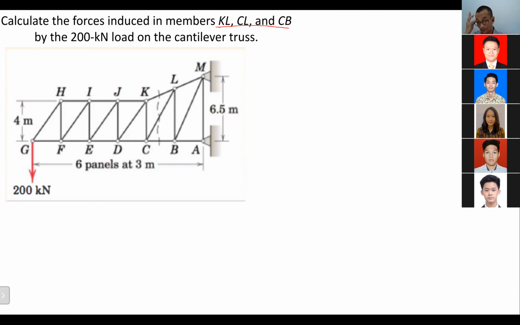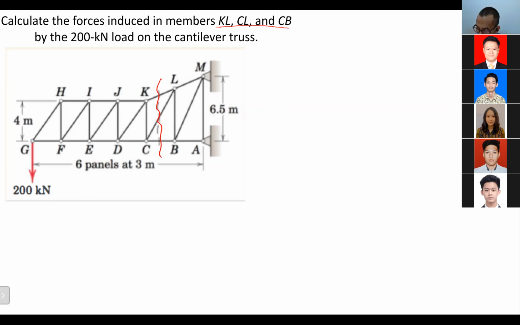Now, if I ask you to cut it here, to make a section there, by doing so, we can solve it with only 3 equations. Let me show you the resulting free-body diagram. It will be like this.